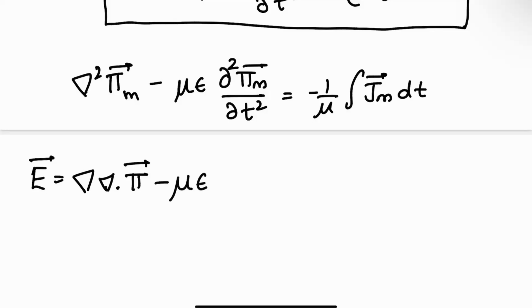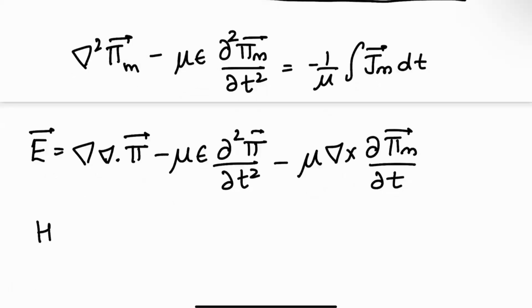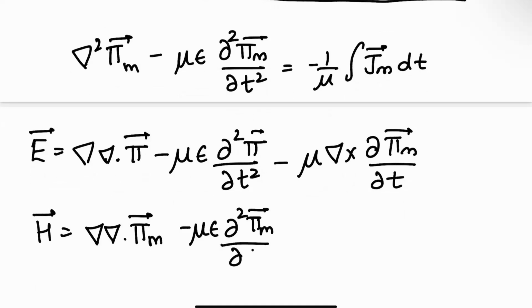E is given by gradient of divergence of pi minus mu epsilon d squared pi over dt squared minus mu curl of d pi_m over dt, and H is given by a very similar equation, with mu epsilon d squared pi_m over dt squared, plus epsilon curl of d pi over dt.